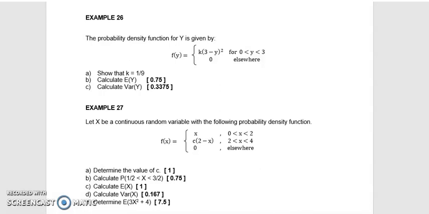So expected of 3x squared plus 4, we recall from discrete: you take out the constant 3, so you can write it as 3 times expected of x squared, plus expected of 4. Apply the rules of expectation, still the same as we did in discrete previously.